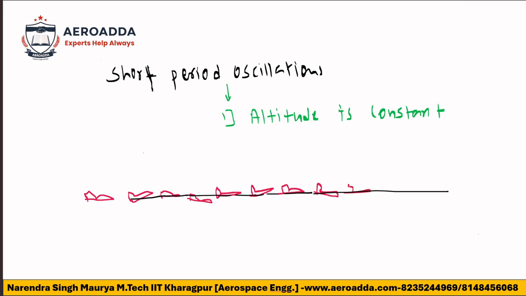This is the short period oscillation. It is very simple. Even though it's a short period oscillation, the altitude is constant.